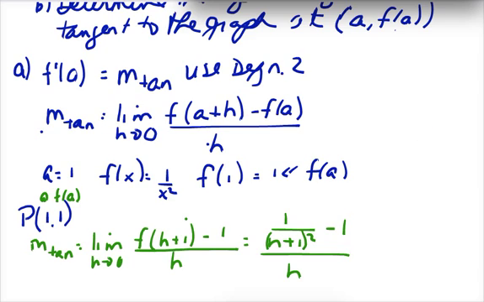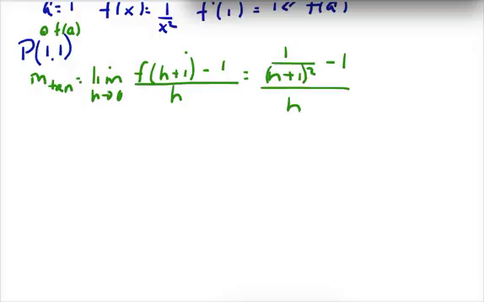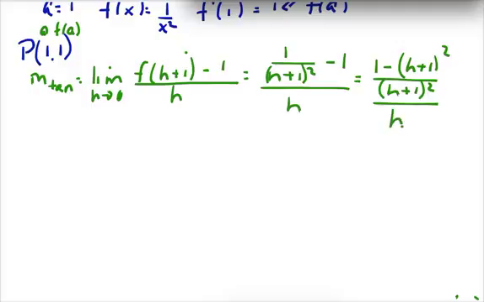And we're going to work on the algebra here. So find a common denominator, and that's equal to 1 minus h plus 1 squared over h plus 1 squared, all over h.